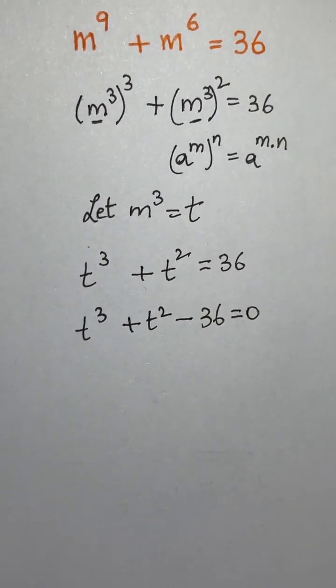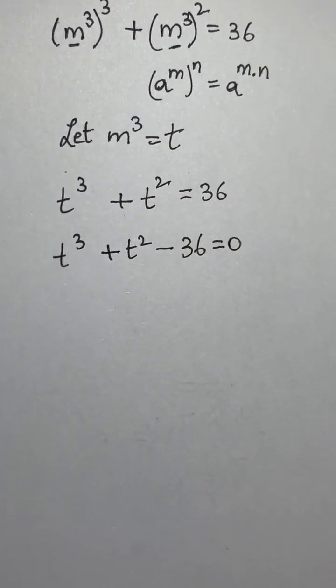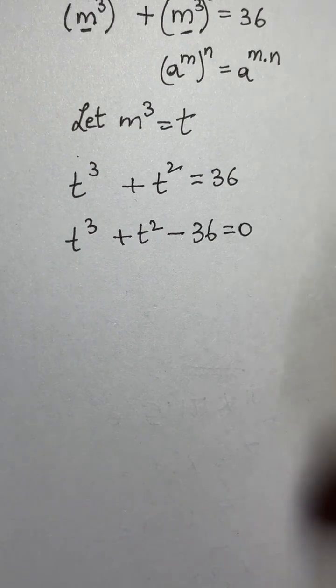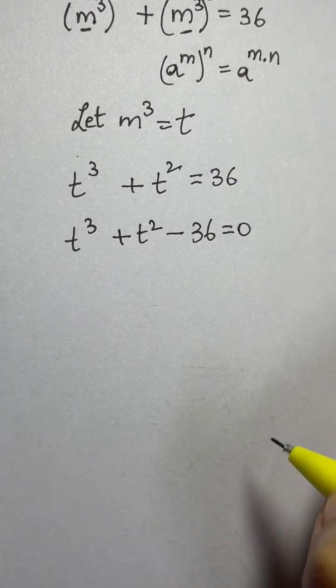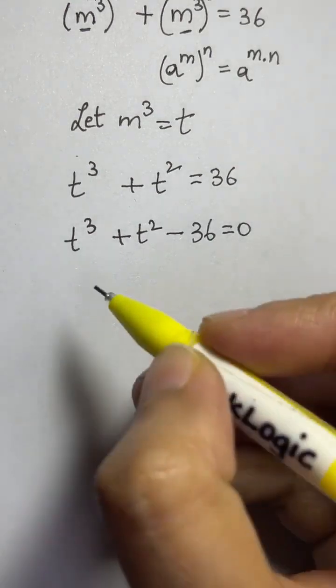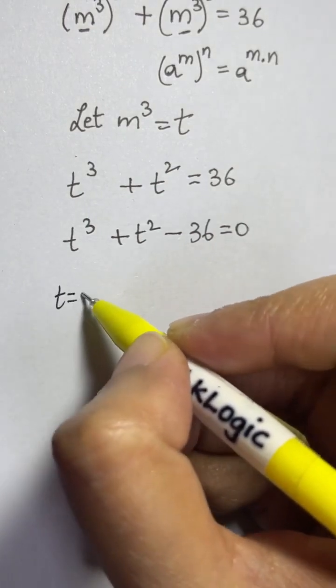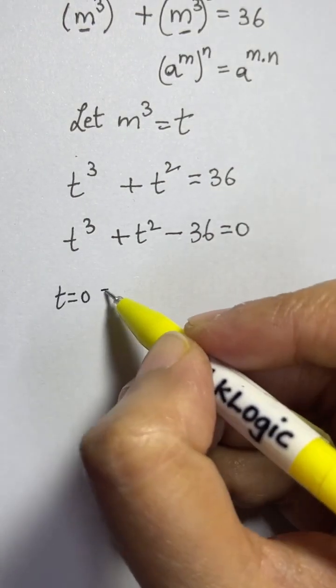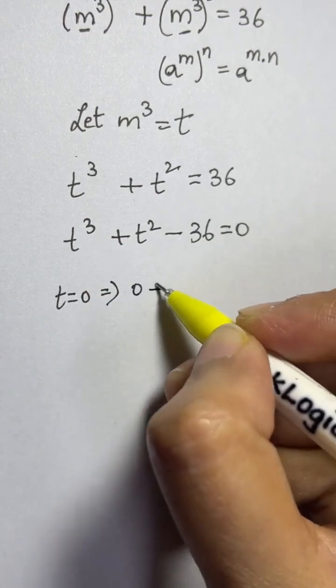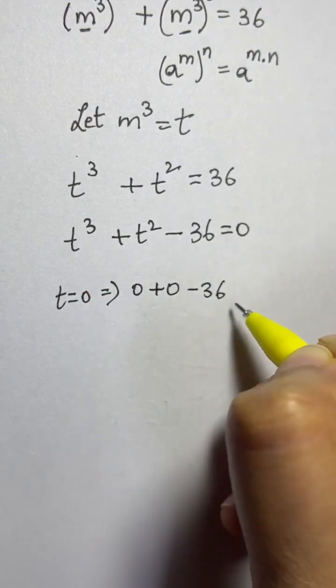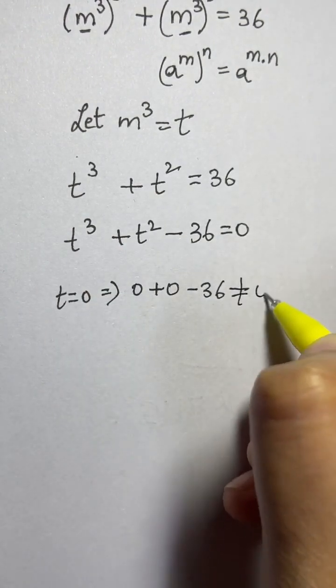Now let's do it using our remainder theorem, or you can say factor theorem. Let's find one factor for this using the trial and error method. Let's see if we put t equal to 0: 0 plus 0 minus 36, which is minus 36, is not equal to 0.